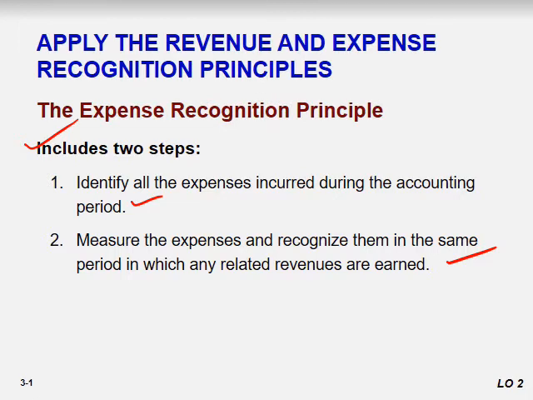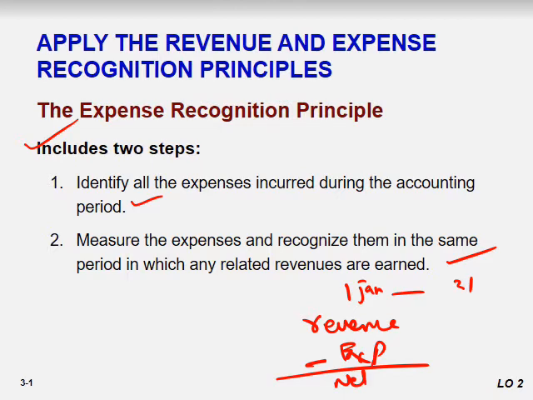For example, if you want to find out how well this business performed during this accounting period, for the period of 1st of Jan to 31st, you just take the revenue minus the expenses, you find out the net income or net loss, right? That's what we mean by related revenues are earned.